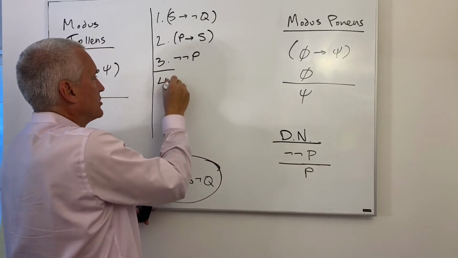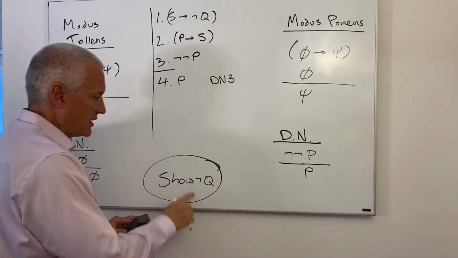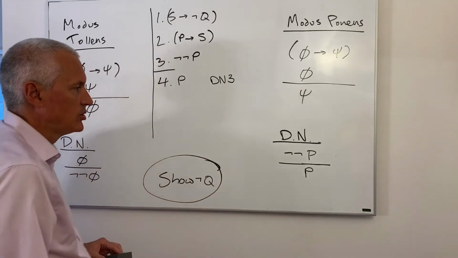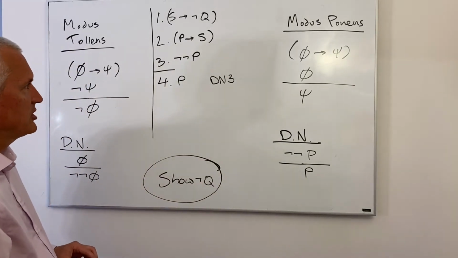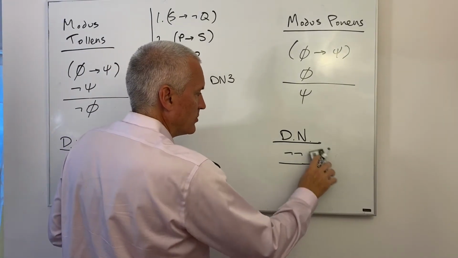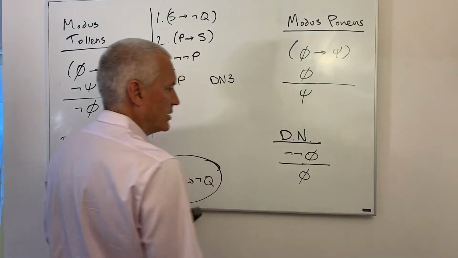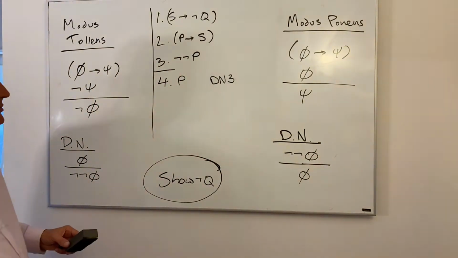So I could say P. That's not Q. I wanted to show not Q. But maybe it's going to be helpful to me. And I'll put this back into its general form now that we've made use of an instance of it so that we're able to refer back to it later if we want.